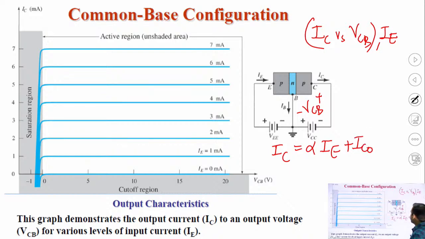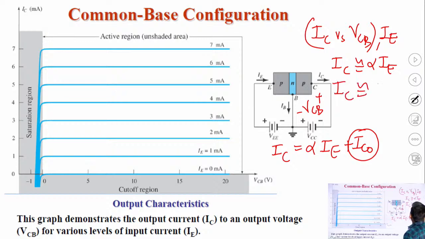Now, as VCB increases, the collector base junction will become more reverse bias. If we assume that ICO is very small, then IC is nearly equal to alpha times IE, or if alpha is nearly equal to 1, then IC is nearly equal to IE.